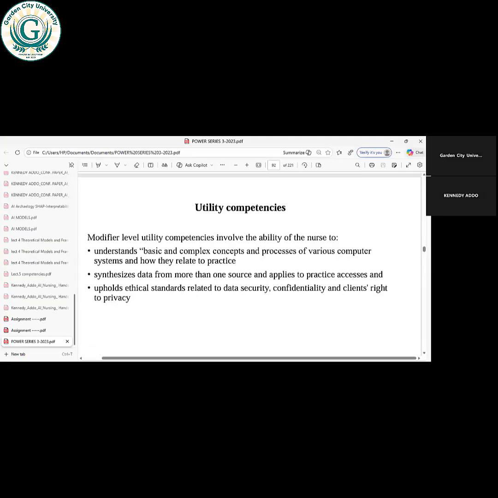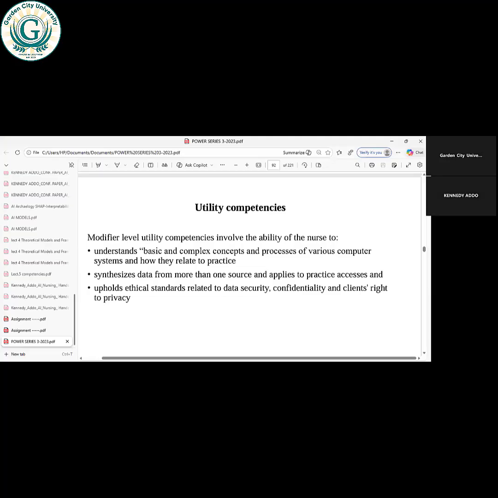Now, in a professional context, let's look at utility competencies as it affects an intermediate or modifier. You should understand basic and complex concepts and processes of various computer systems and how they relate to practice. So it is not out of place that we review computer systems and their applications.